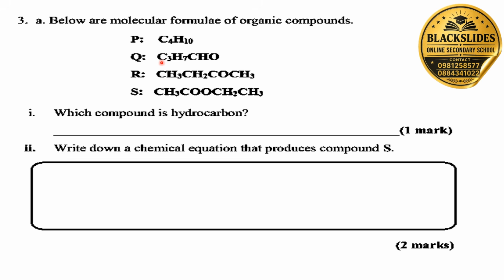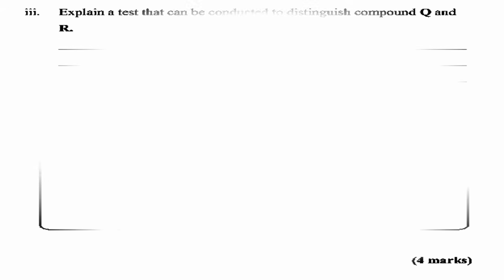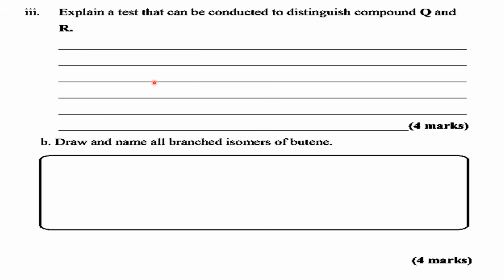So we want to describe an experiment that can be done to distinguish an alkanol and an alkanone, for 4 marks.